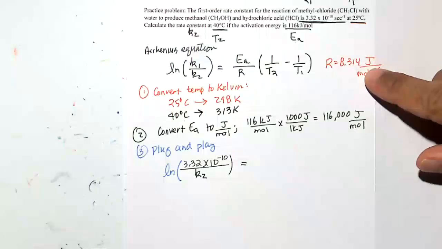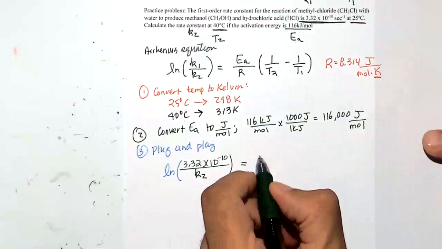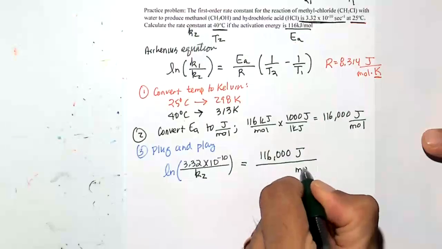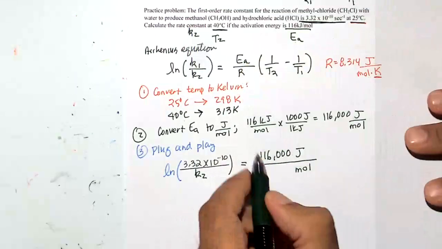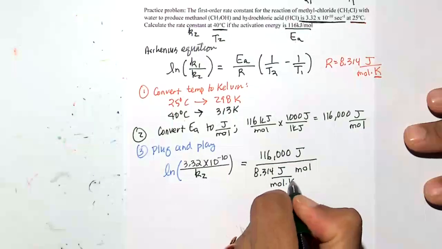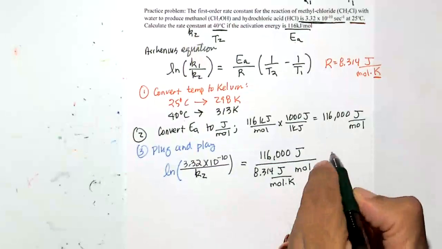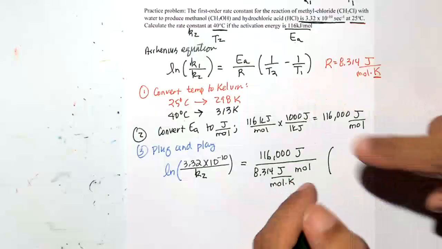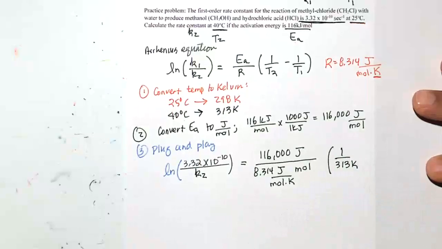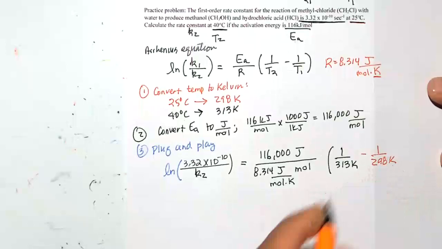Ea is 116,000 joules over mole. What's R? 8.314 joules over mole times Kelvin. The units will cancel out, so it should be okay. And then 1 over T2 is 1 over 313 Kelvin, minus 1 over T1, 1 over 298 Kelvin.